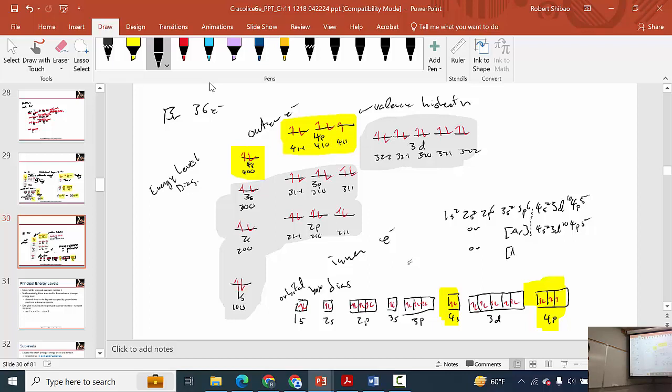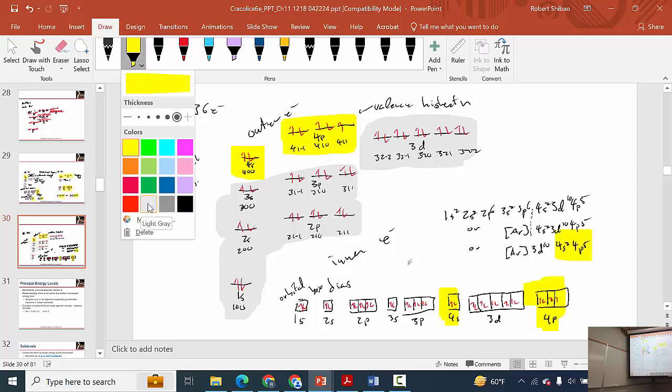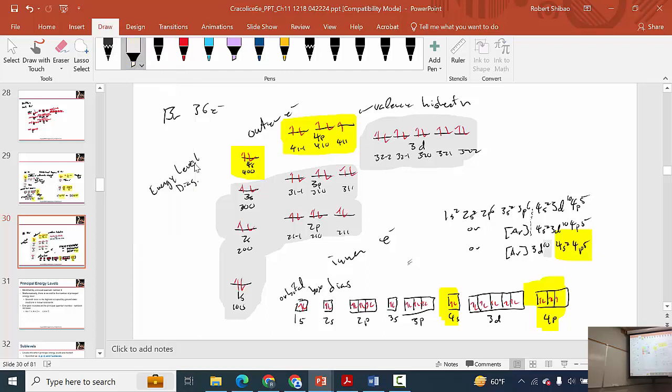Now what's often done is they rearrange it. Another way of writing this is argon, and then we're going to group all the valence electrons together. So we put the 3d10 here, and then we group the 4s2 and the 4p5 at the end. We do this in numerical order rather than filling order. And what that does is it puts the valence electrons out here. And the inner electrons, we treat the 3d10 as part of the core.